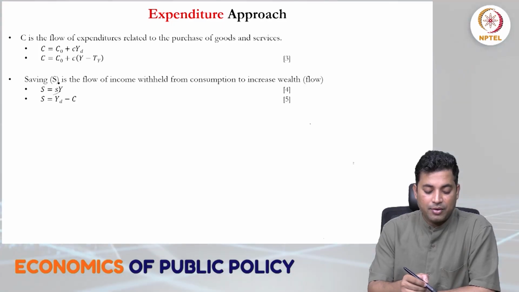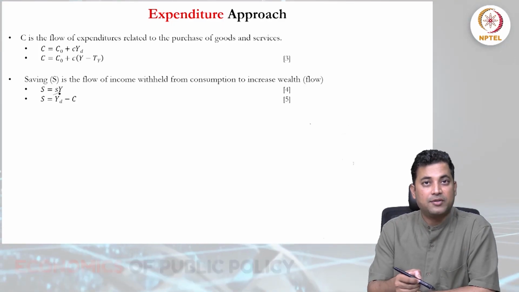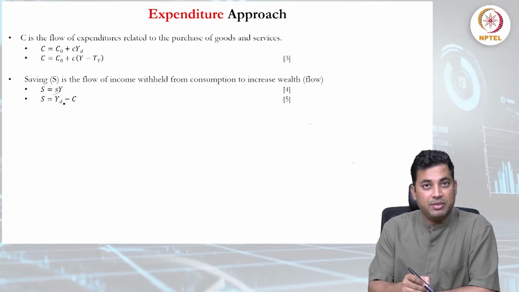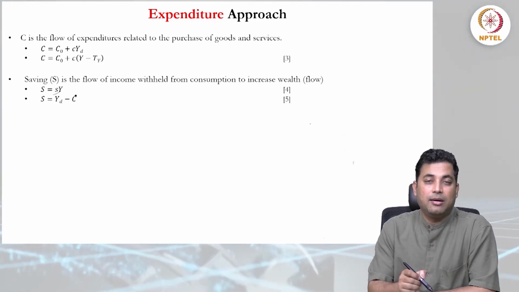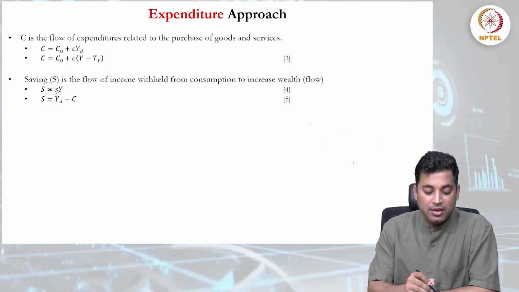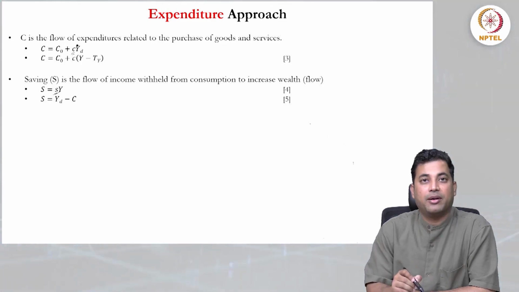Of course, savings is a leftover after consumption, and therefore savings is disposable income after paying the taxes, from which you also have to deduct total consumption. So small s is very important here, and small c is very important here.